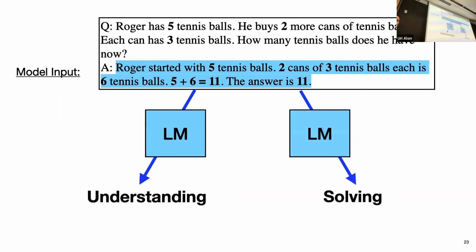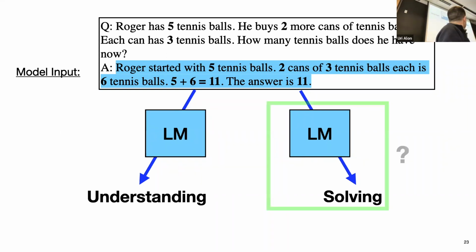But the second role is that chain of thought uses the language model to actually solve each such reasoning step. So the chain of thought uses the language model to actually compute how much is 5 plus 6. And recent work has found that even though simple arithmetic can be performed, language models do struggle with more difficult arithmetic and large numbers.